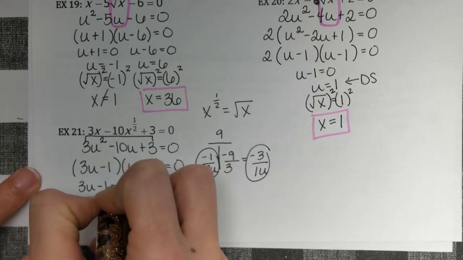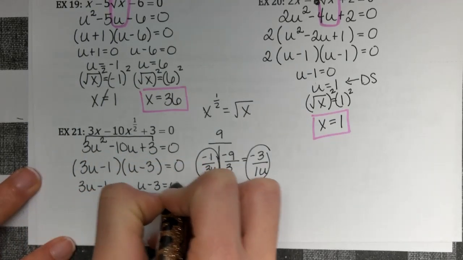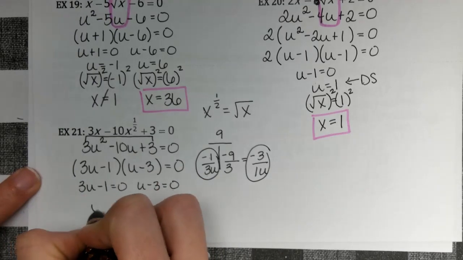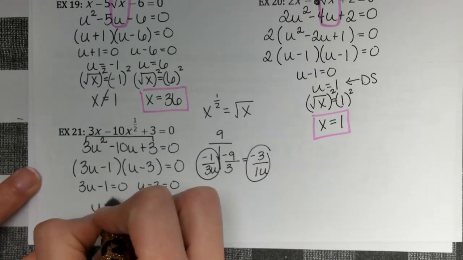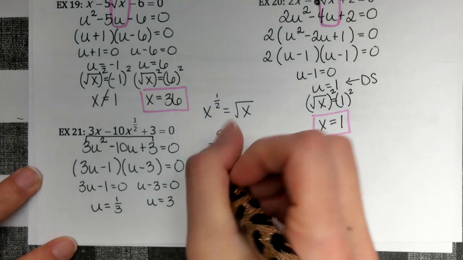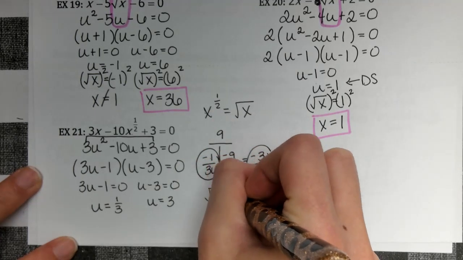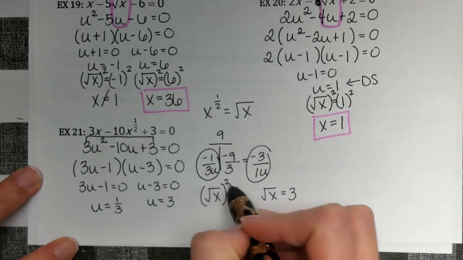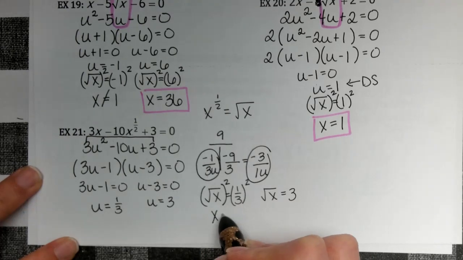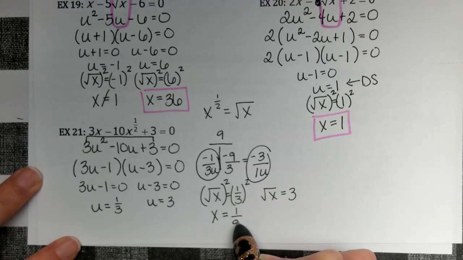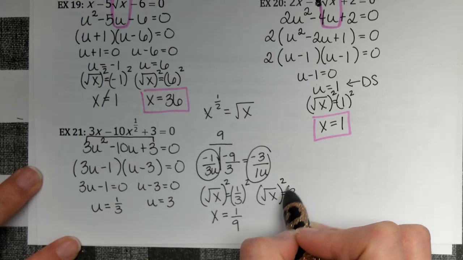So 3u minus 1 equals 0. U minus 3 equals 0. What are my u values? 1/3 and 3. But what is u equal to? Square root of x. So I'm going to square both sides. X is going to equal what? 1/9 squared.